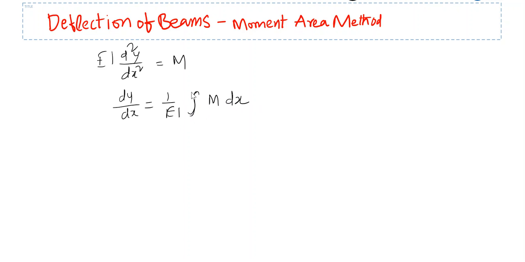So to find the slope, dy by dx is nothing but the slope.